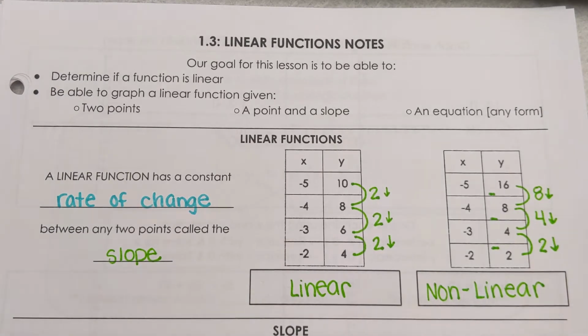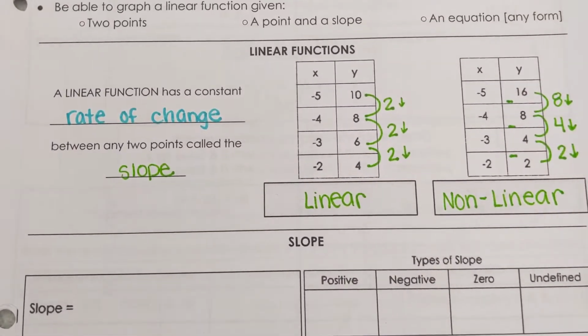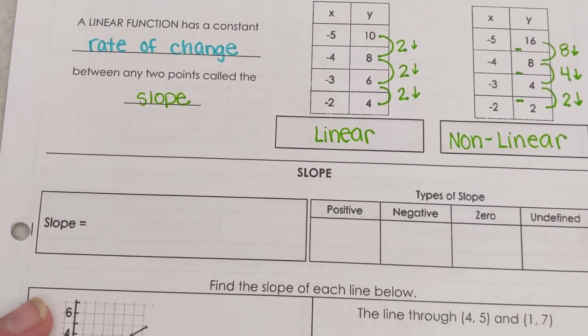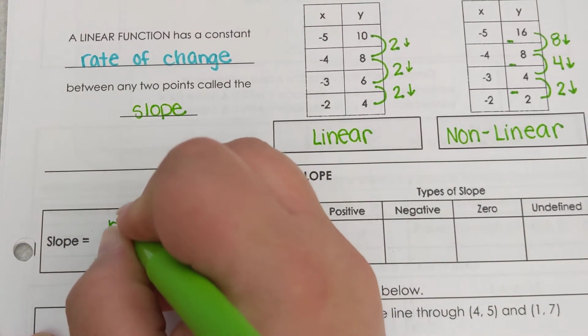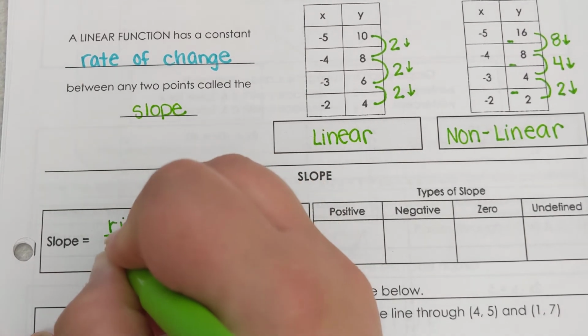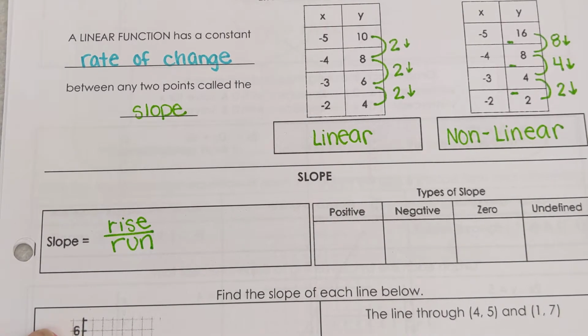All right, let's talk about how to find slope. That is one way of looking at the table. Other ways are something called rise over run. And what that means is we're going to look at how far up a graph goes and then how far to the side a graph goes.